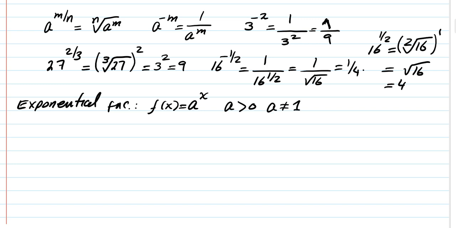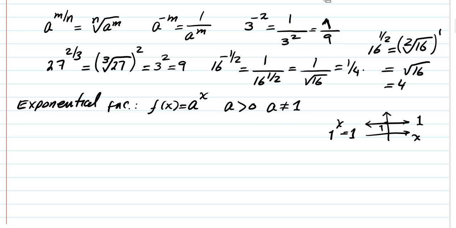The reason it cannot be 1 is simple, because 1 to the x power is 1, and in this case you simply get a flat line at 1. That's not an exponential function. That's just a constant function at 1. That's the reason a cannot be 1.